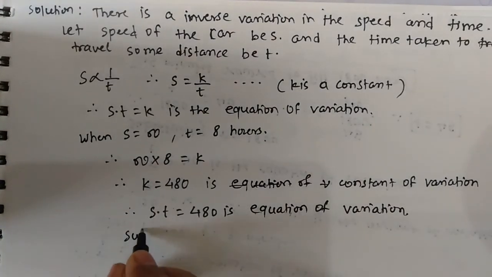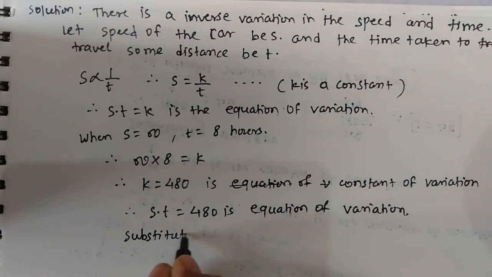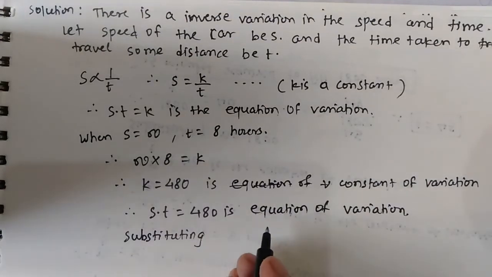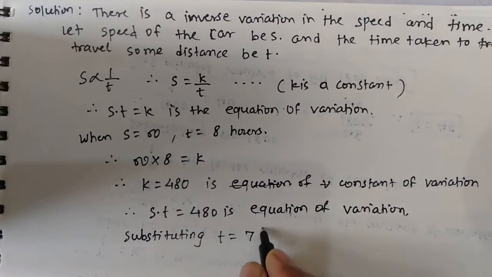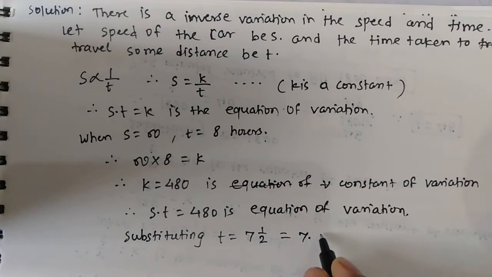So substituting t is equal to 7.5 hours, put this value in the above equation.